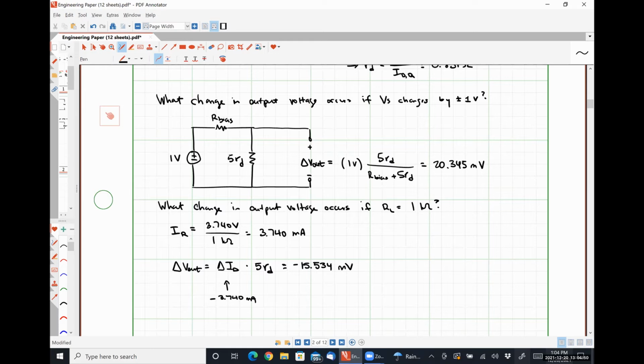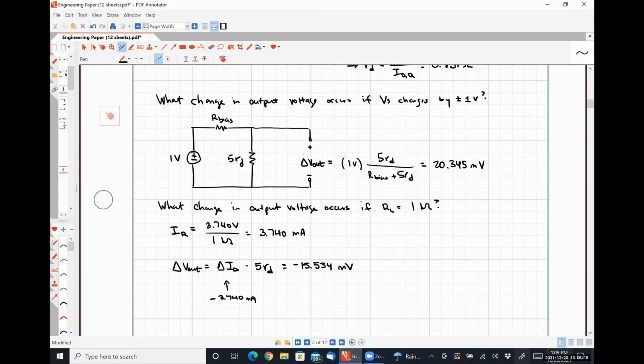Does that operation make sense there? So we're saying that that load resistor is stealing current away from our chain of diodes. So the change in the voltage drop should be how much current was stolen multiplied by the dynamic resistance of all of our diodes. Hopefully nothing too wild or crazy there.